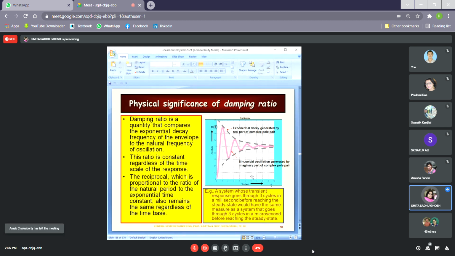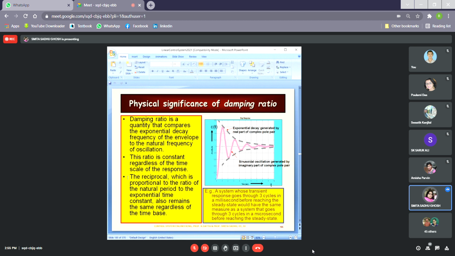So whether you have the scale as seconds, milliseconds, or for that matter hours, the same damping ratio would give you a visually similar plot, because the damping ratio is a ratio and is not dependent on the time scale.